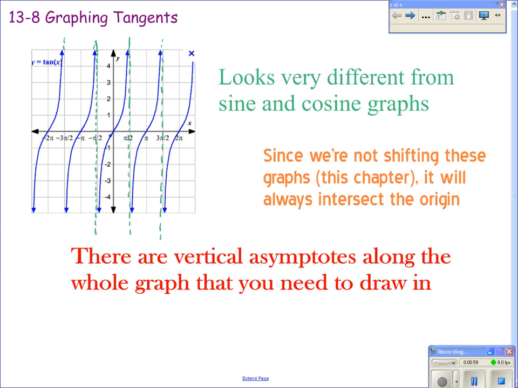So these lines, the graph kind of hugs up against it. And on tangent, we do need to label them on our graph, and I'll show you how to do that. So they're always going to be evenly spaced, and then those tangent curves fit exactly in between them.